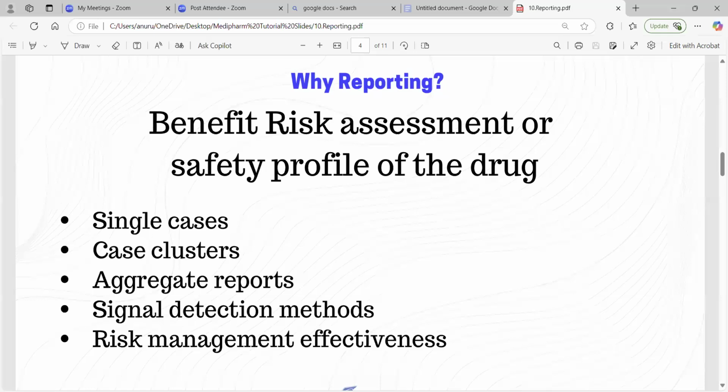So yeah, concentrate. Aggregate reporting in pharmacovigilance refers to systematic and periodic analysis and summarization of the safety data for medicinal products.